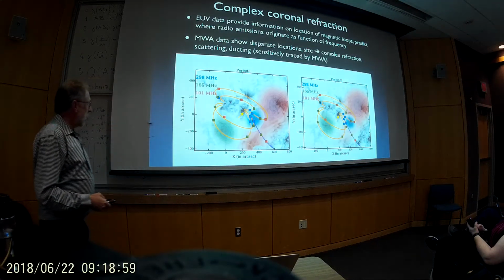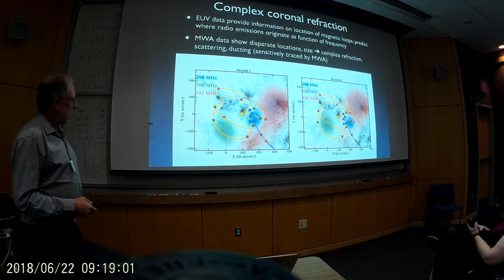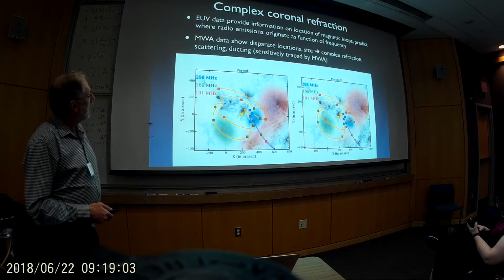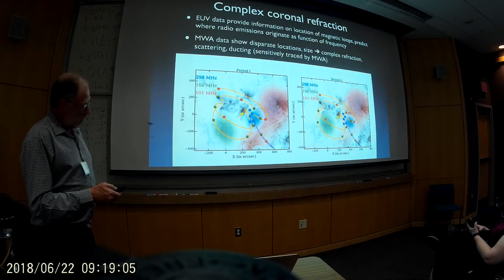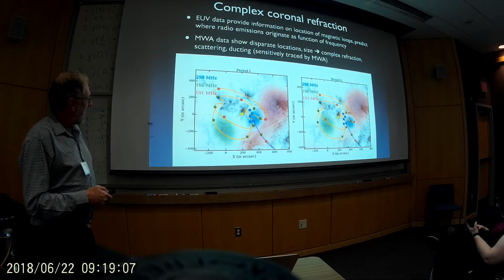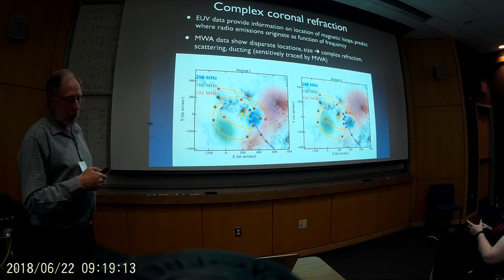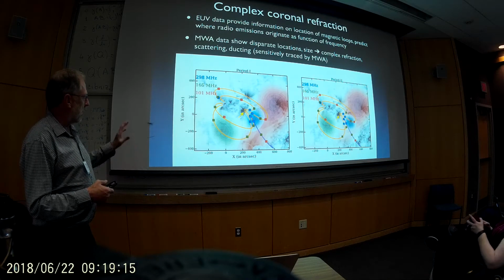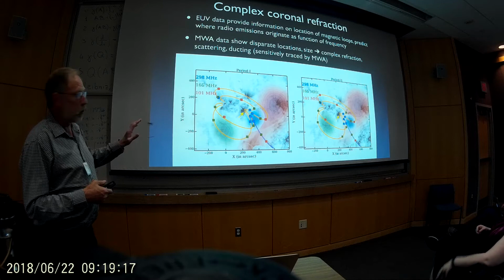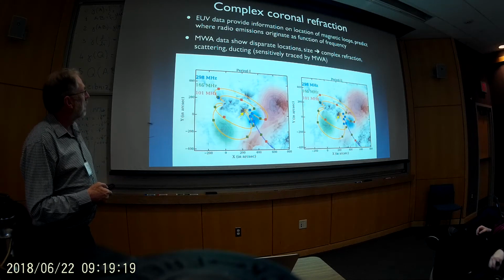Another thing that's an indication of the type of research that is going on right now with MWA data. So again, looking at an active region where we have other information that tells us roughly what the magnetic geometry is in the corona.